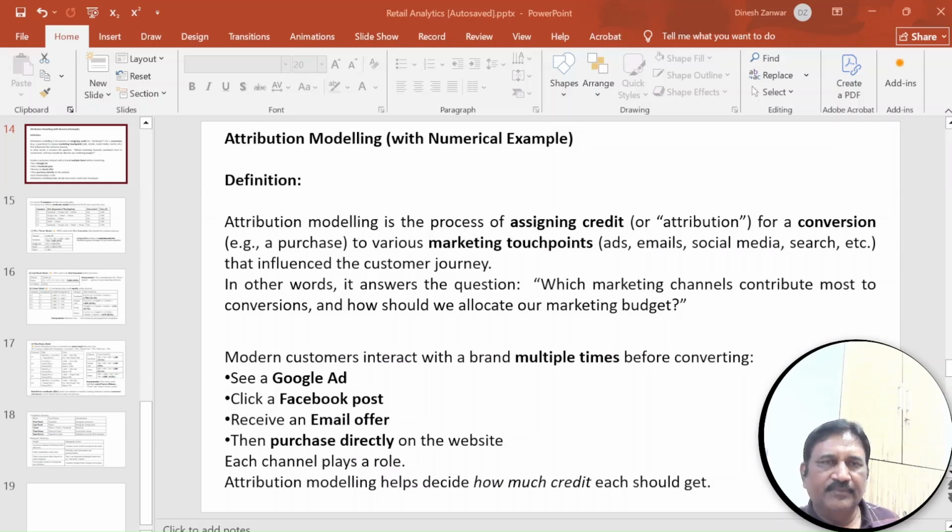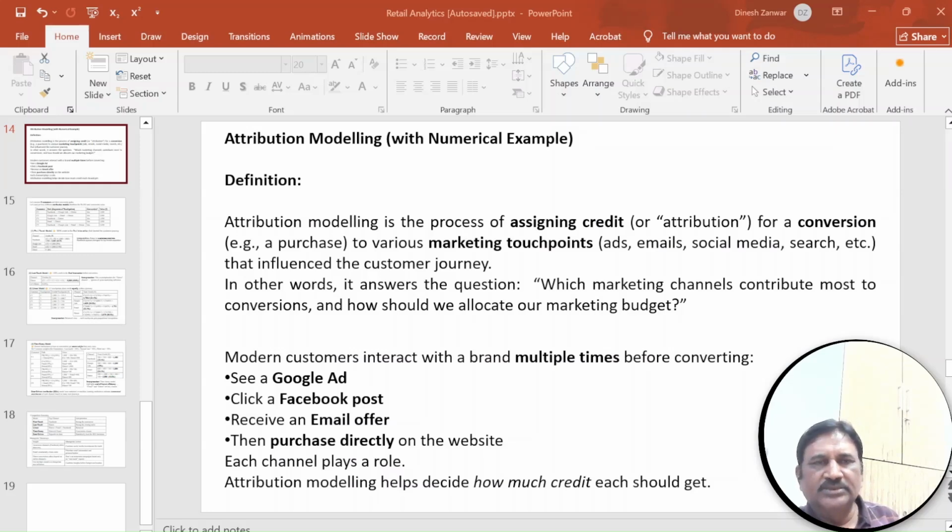Customer C1 has first seen Facebook, then a Google ad, and then directly went to the website to make the purchase. His journey was completed, the customer converted to purchasing the product, and the value of this journey is 1,000, right?